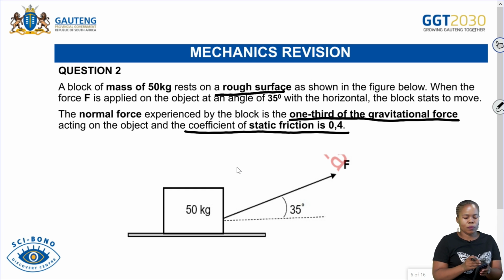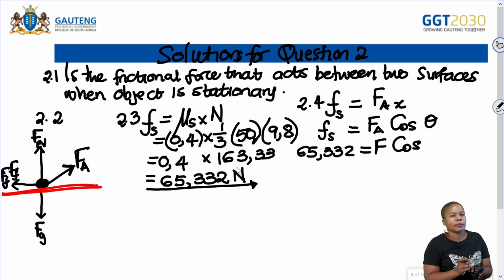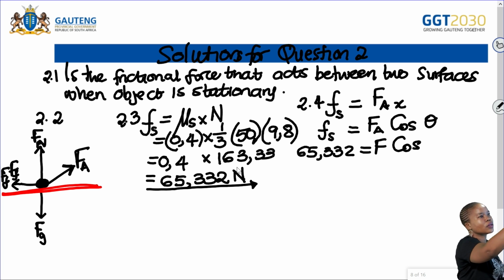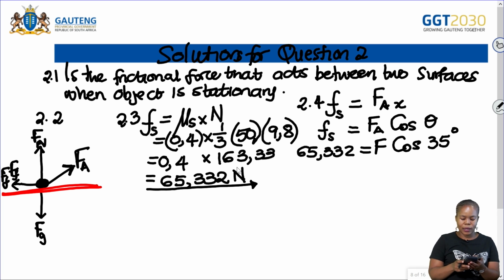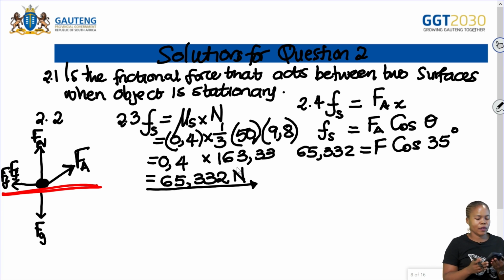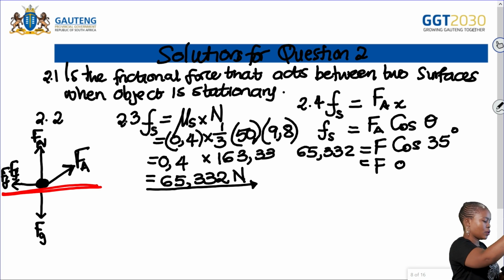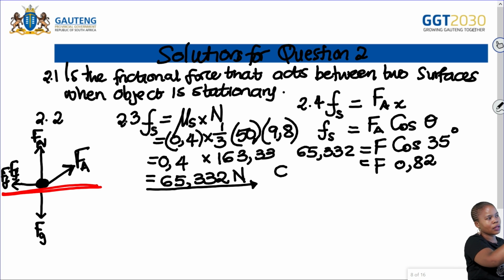So cos of 35 degrees. Put it into your calculator. What is cos of 35? It gives you 0,82, so you have your F over here and then 0,82. Here you still have your 65,332.